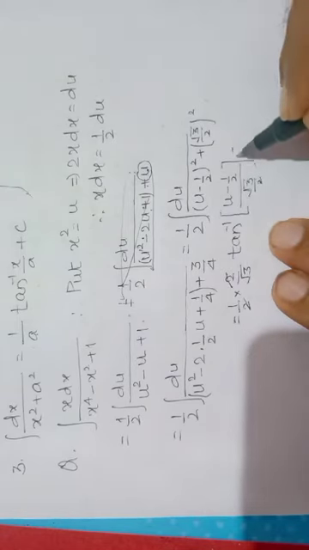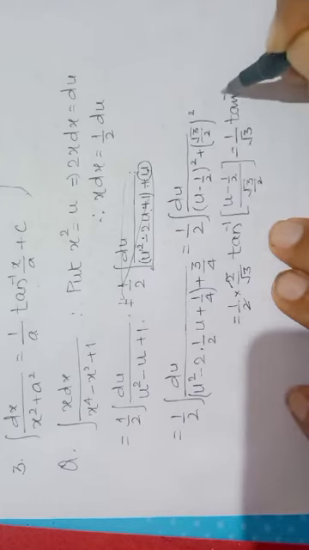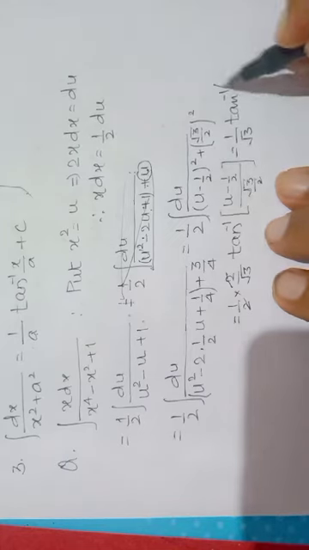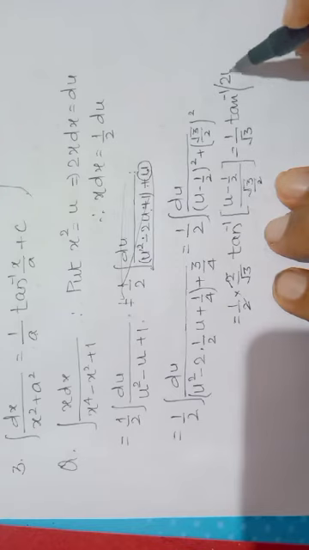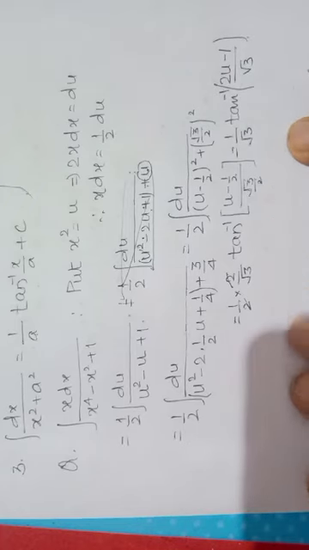So we have 1 by root 3 tan inverse (2u minus 1) upon root 3, and finally put u, which is x square.